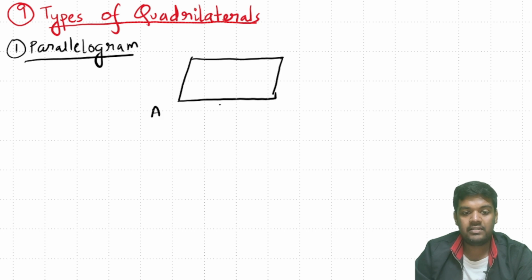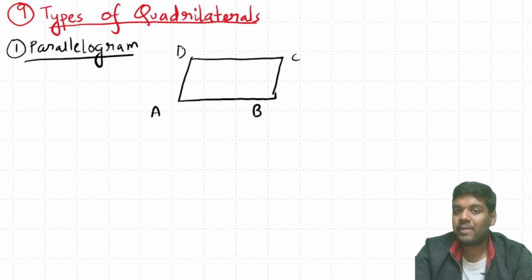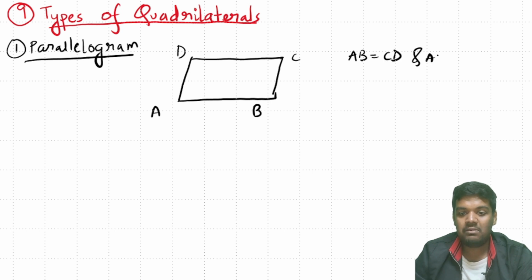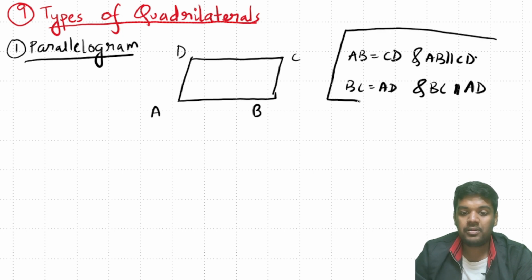Let's call it ABCD, where the opposite sides are not only parallel to each other but also equal. So here I mean AB equals CD and AB is parallel to CD. Also BC equals AD and BC parallel to AD.